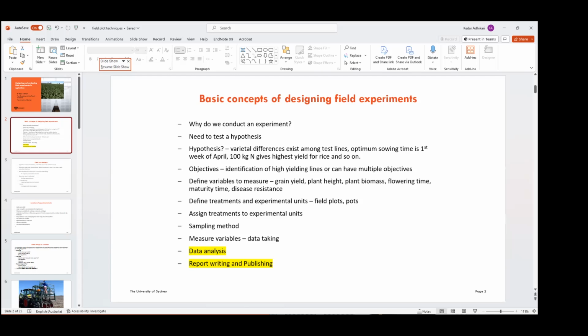You collect lots of data, then you analyze the data, and you write a report, then you publish. That's the main thing you want to do. But today I'm not talking about these two topics highlighted in yellow. They will be covered in separate topics; data analysis I think was already covered yesterday, and writing and publishing will be covered today by Dr. Jagdish Tennyson.